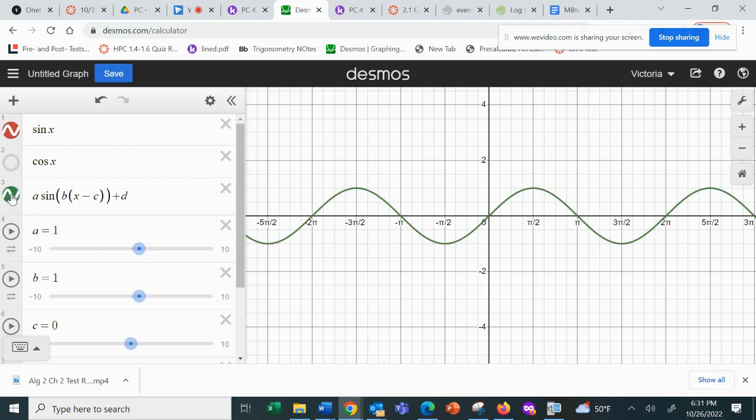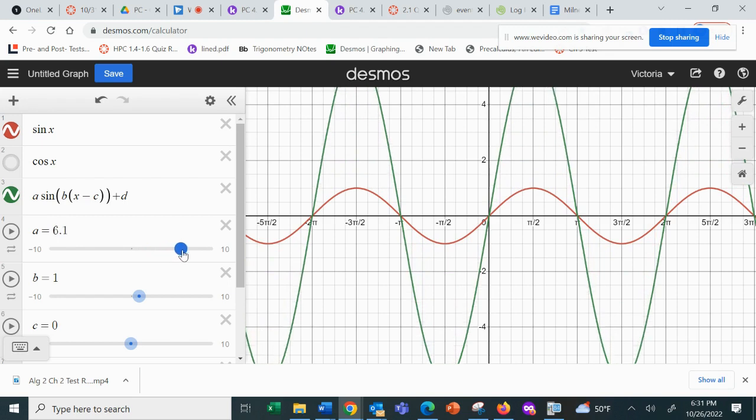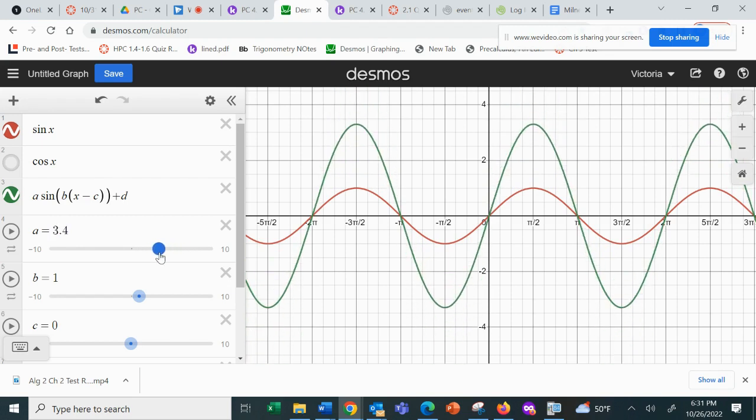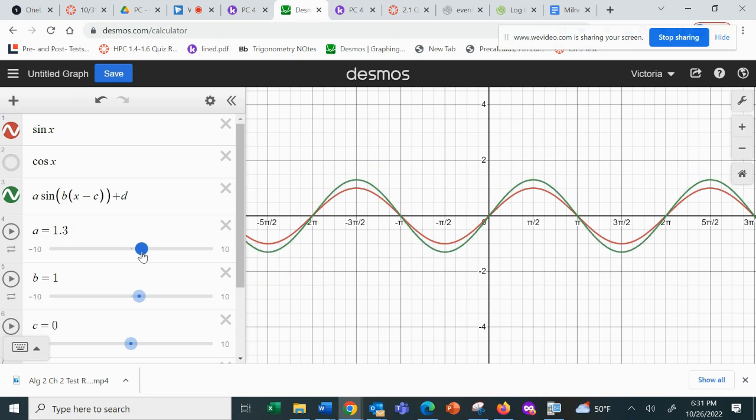I got to turn this on. Hold on. When I change it to be something other than 1, this is just the sine graph. When I change it to be something other than 1, it is stretching it vertically. So the A value is going to give me a vertical stretch or possibly a vertical shrink.